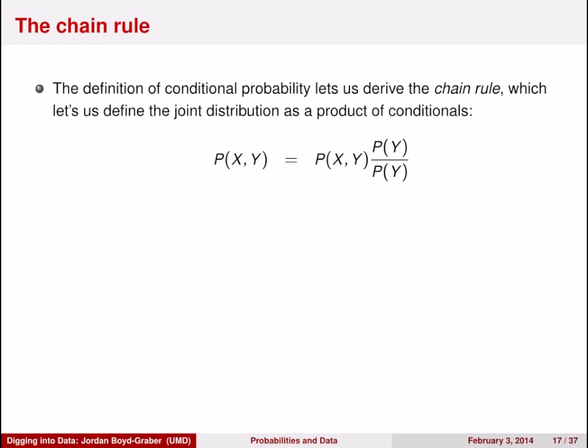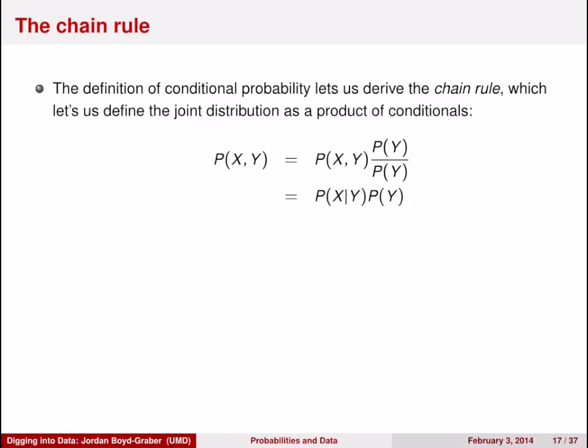We can multiply this by 1, or the probability of y over the probability of y. We can take the probability of x and y over the probability of y and replace that by the conditional probability of x given y. This is just the definition of conditional probability.